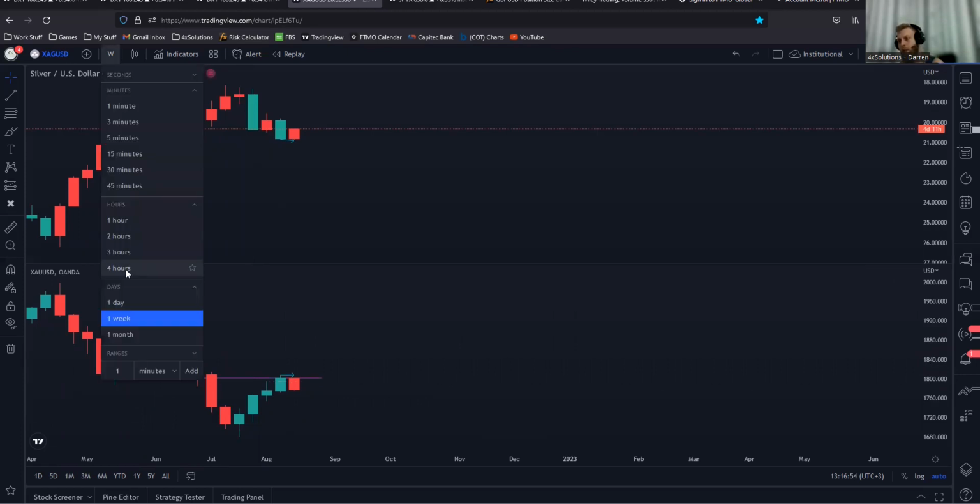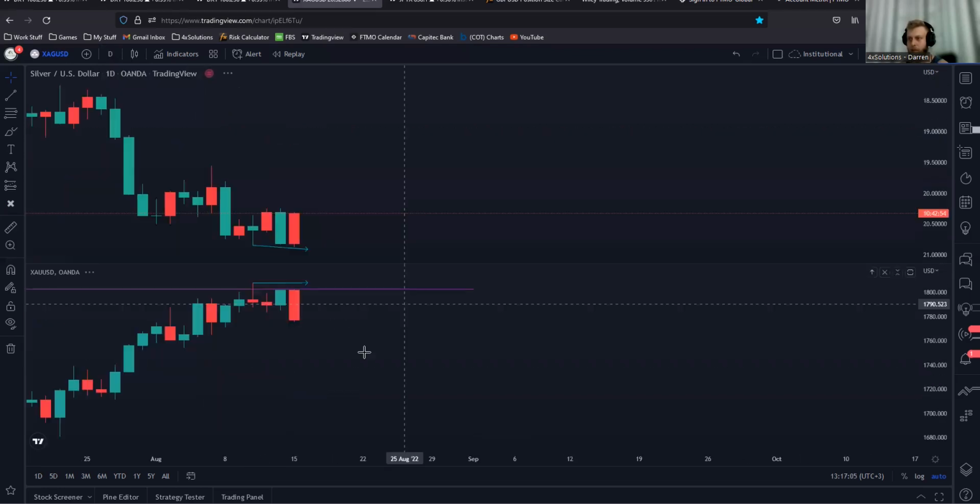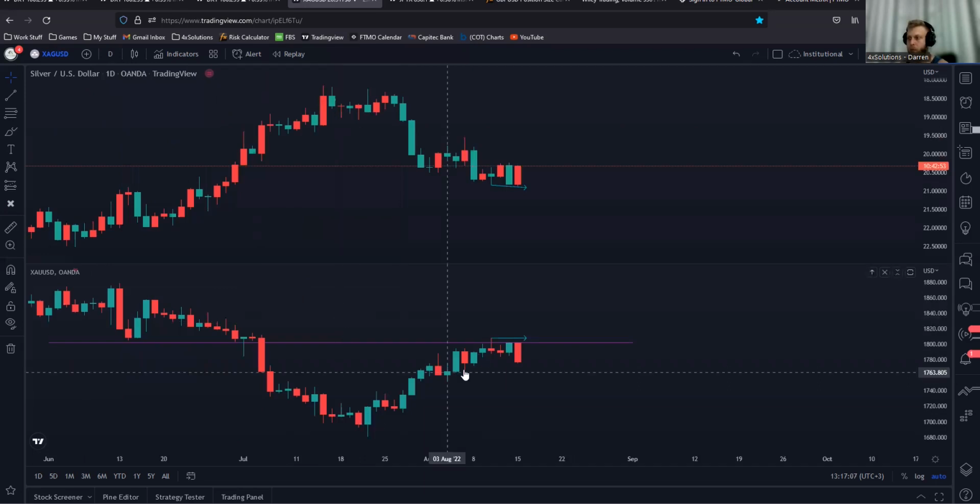So where's the order flow going to start if the monthly is bearish, the weekly is bearish, but the 4-hour and daily are bullish? The 4-hour and daily likely would have been bullish here. Daily bullish. So within this daily structure here, this 4-hour would have likely been bullish. So where are the 4-hour and daily order flow going to be aligned with the weekly that's bearish and the monthly that's bearish?